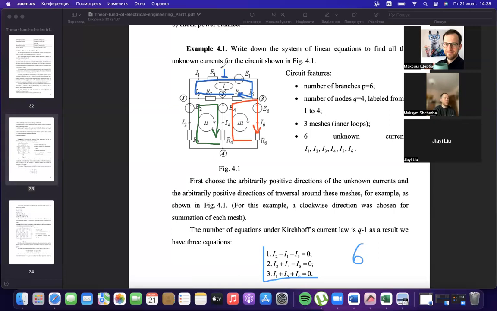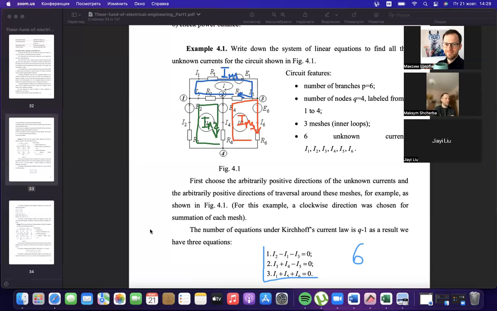For example, we could denote it with an additional index, M for mesh current: IM1, IM2, and IM3. Then the real currents that flow inside the branches in our circuit could be obtained as a result of superposition of such mesh currents.